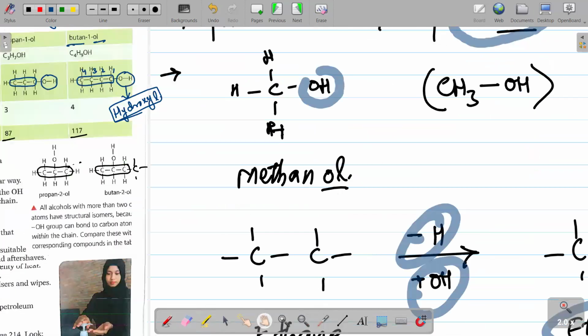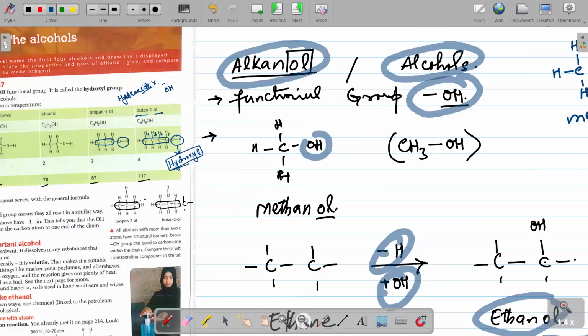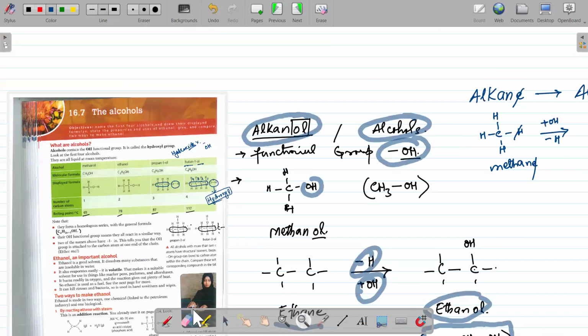How? Look at this. If we have this alcohol, the carbon 1 has the OH group. So its name is propane, and remember, the ending E is replaced by OL, so propan-1-ol.